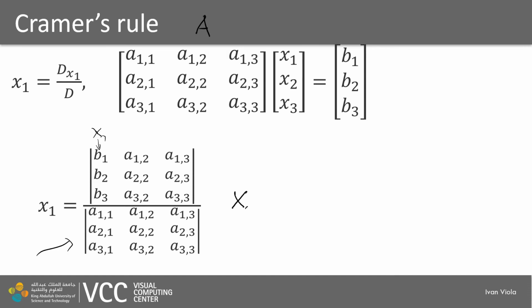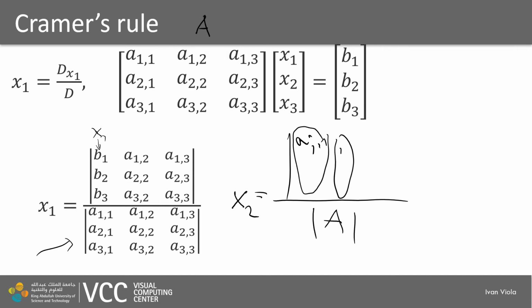For the x2, we will have a similar situation where we are having the determinant of the matrix A in the denominator, and in the numerator we will have the vector a_i1 as a vector here, then the vector b, and then the vector a_i3, and the determinant of it.